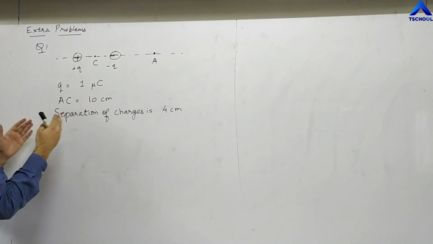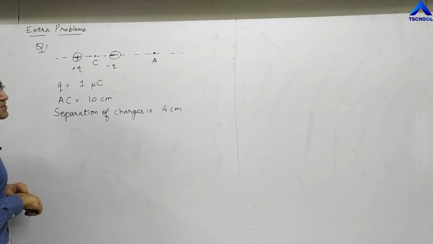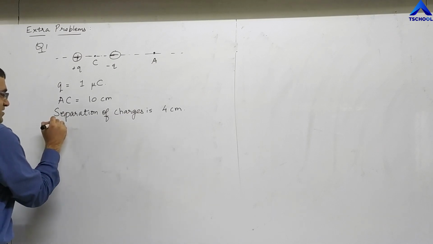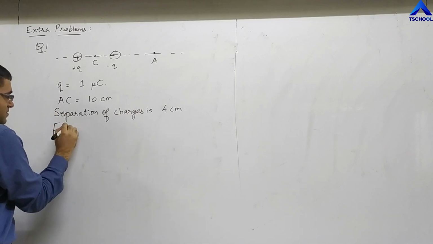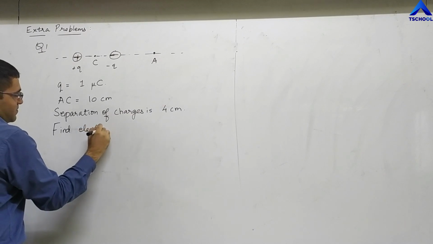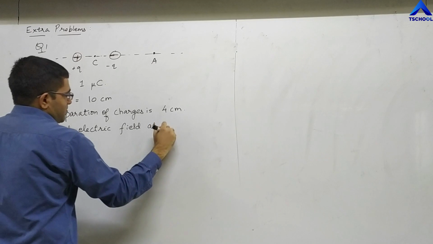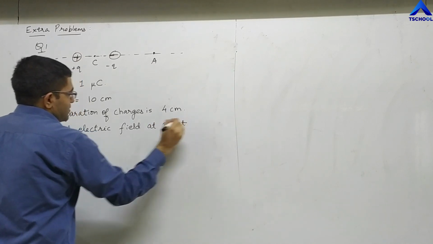So let's say the separation of these charges is 4 centimeter, and we want to find out the electric field at the point A. So let me write it here. Find electric field at A.